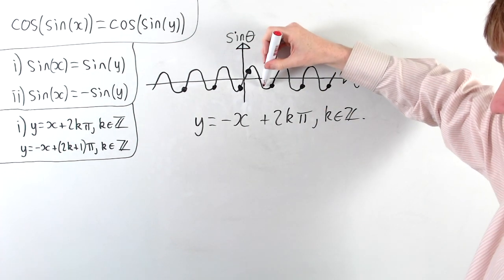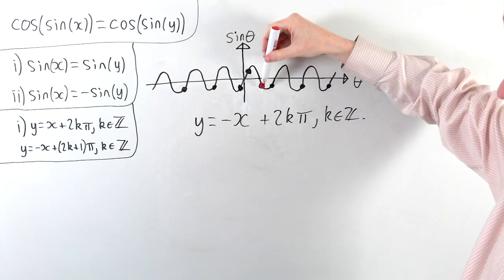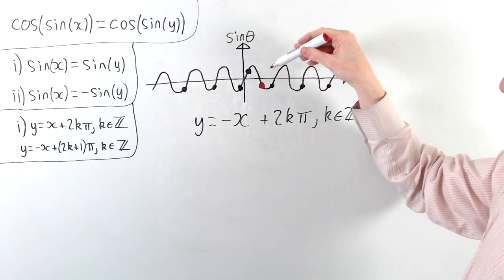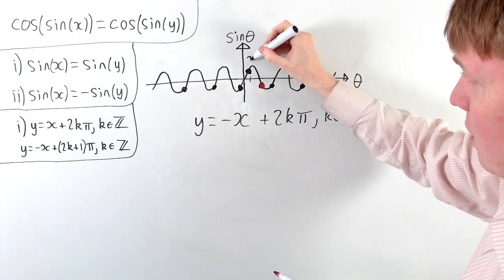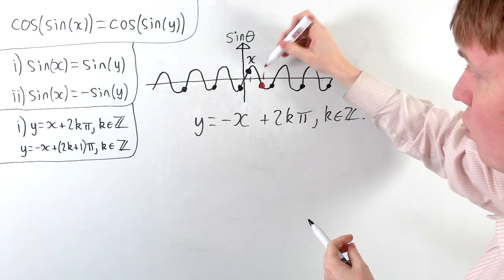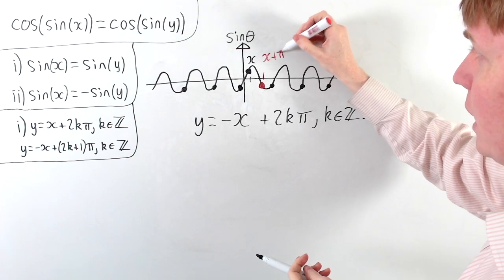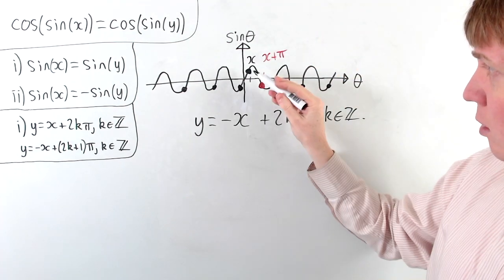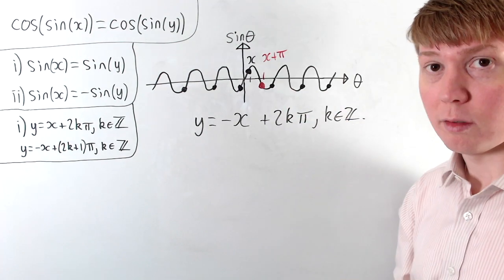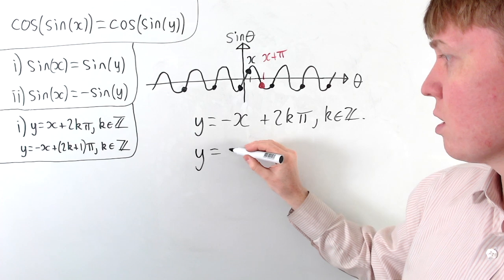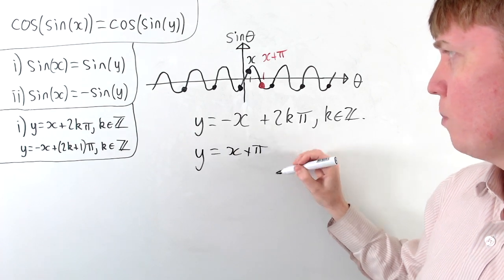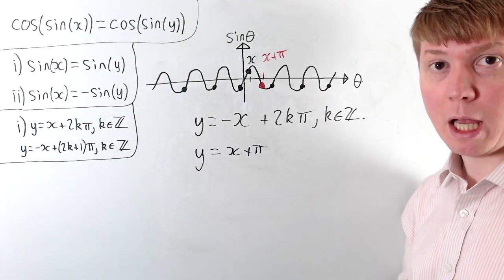For example, here we would have y, if y was equal to, this is x plus pi, so let's just label this. On the x-axis this would be x, then this new point here would be x plus pi. So you can see that sine of x would be the negative of sine of x plus pi. So this would also work if we had y equals x plus pi would give us this solution in red here.